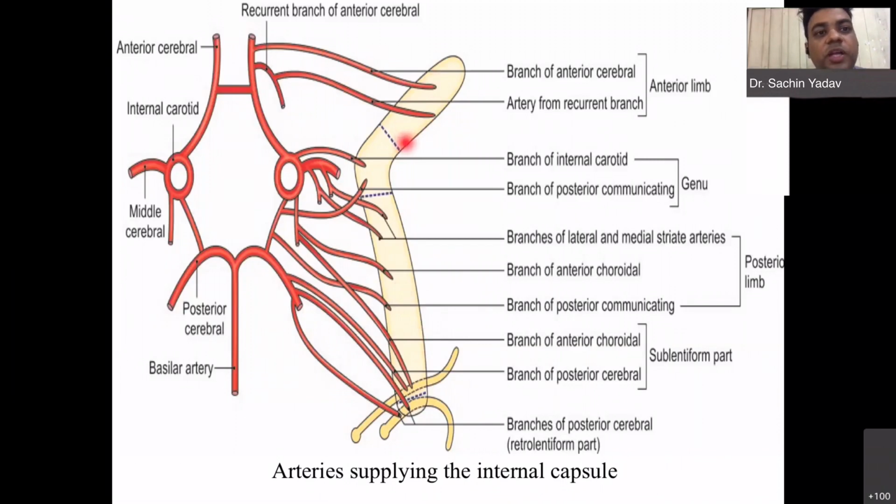Most of the hemiplegic conditions occur due to affection of this. There are many cases of hemiplegia where the person wakes up in the morning and finds that one side of his body is not working, it is having weakness. A sudden rise in blood pressure happens in the morning after waking up, due to some internal corticosteroidal and other factors involved.